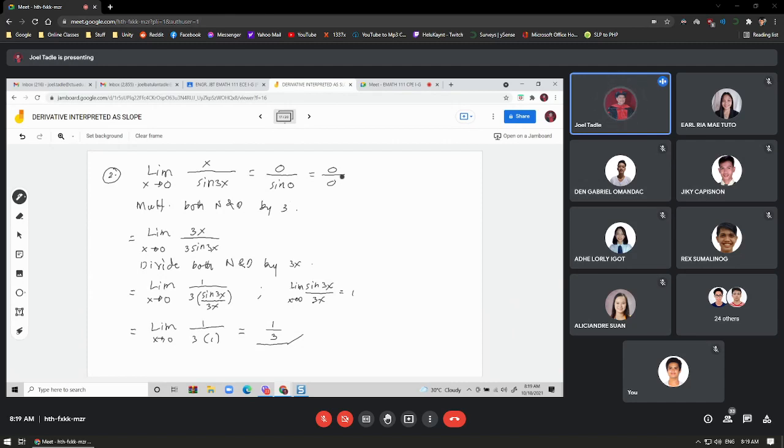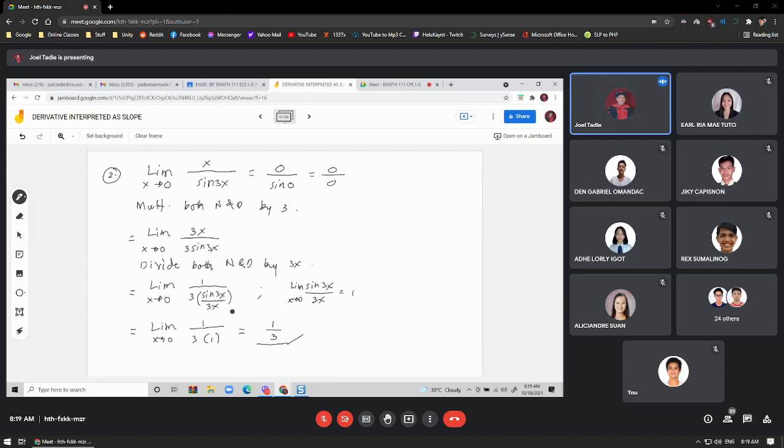Therefore, our solution is to multiply both numerator and denominator by 3, such that we have this limit of 3x over 3 sine of 3x as x approaches 0. Then, divide both numerator and denominator by 3x, such that we have limit of 1 over 3 sine of 3x over 3x.